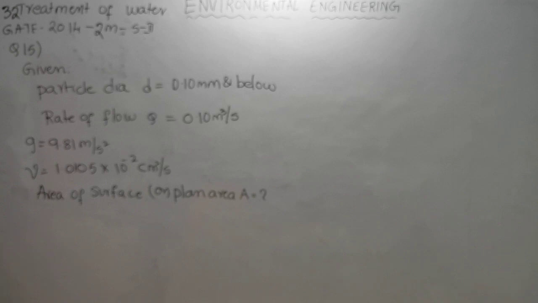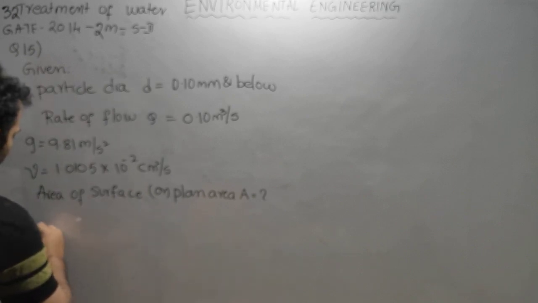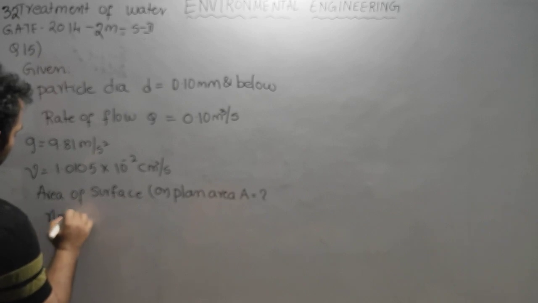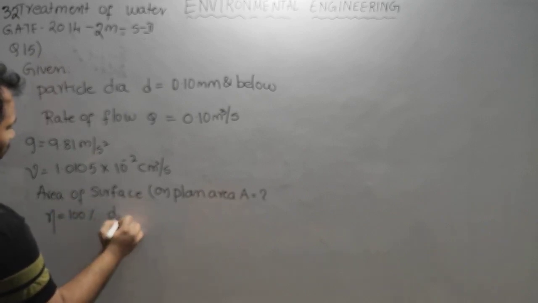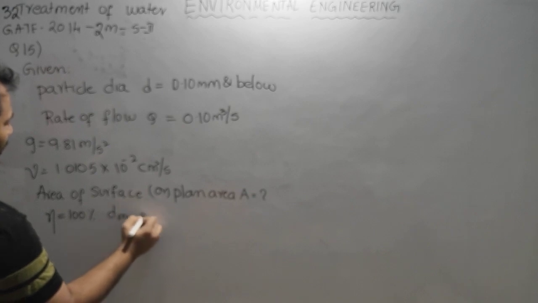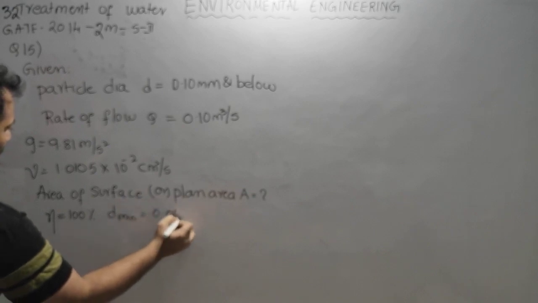So with an efficiency of 100%, the minimum dia to be removed is 0.06 mm.